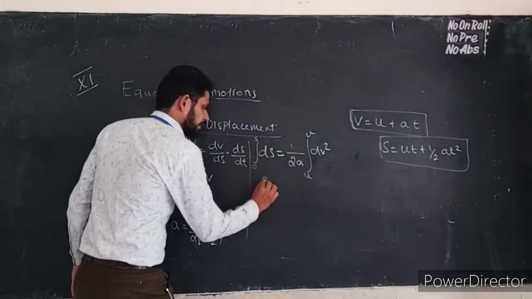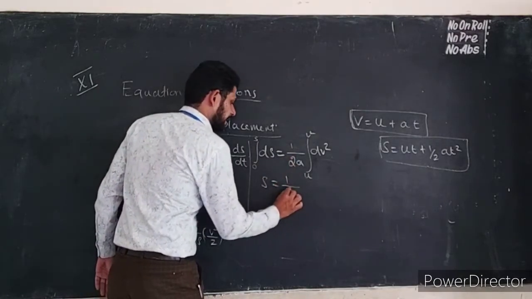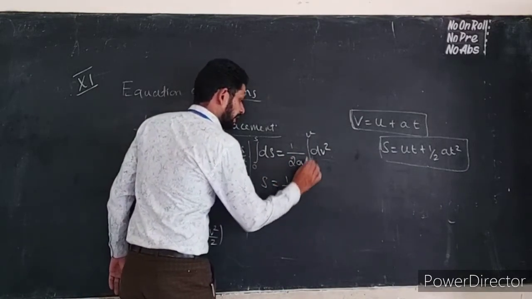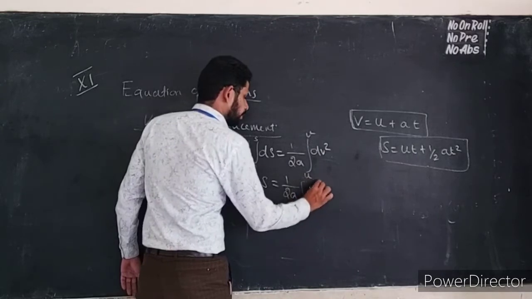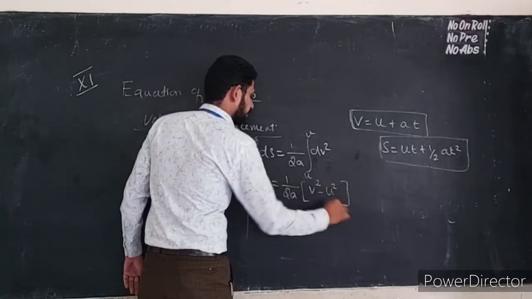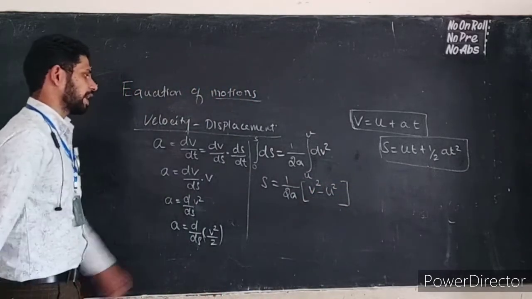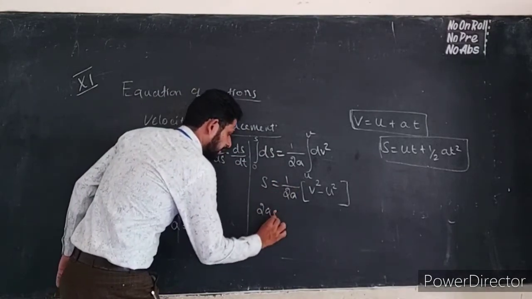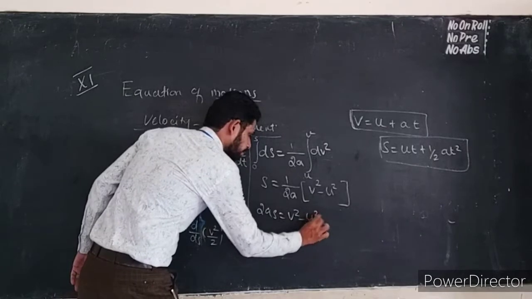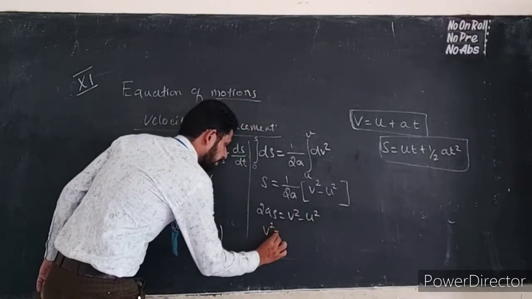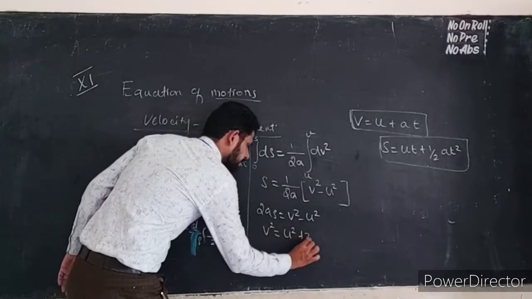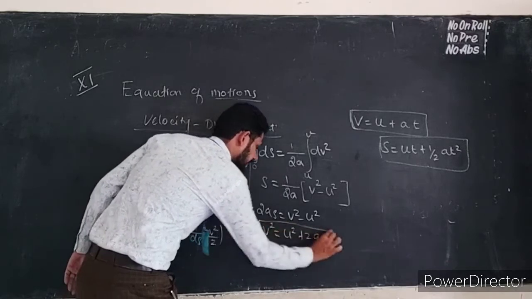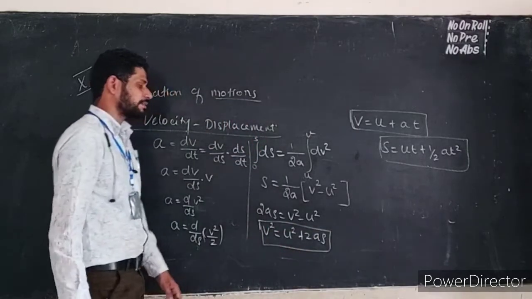So when I integrate, we will get s, and here we will get 2a, and v squared minus u squared, upper limit minus lower limit. So 2as is equal to v squared minus u squared, or you can write v squared equal to u squared plus 2as.